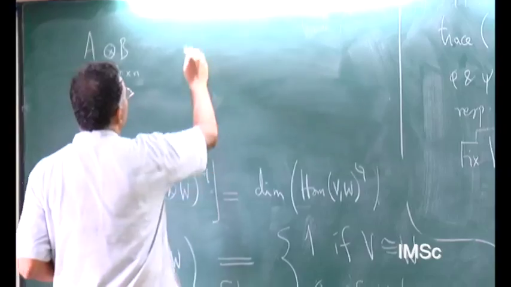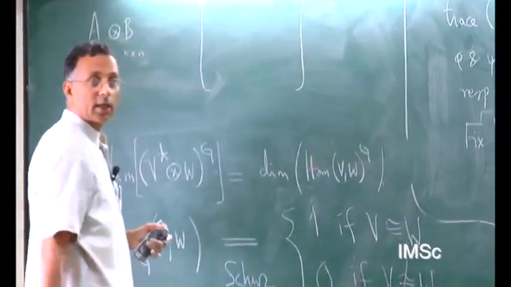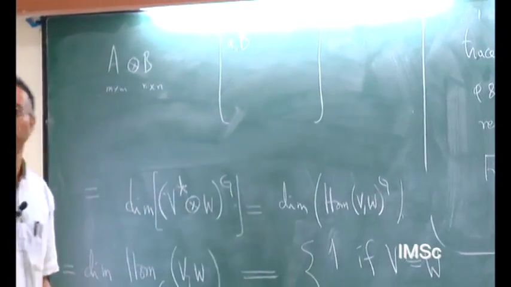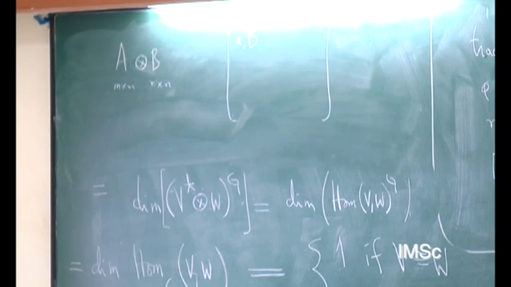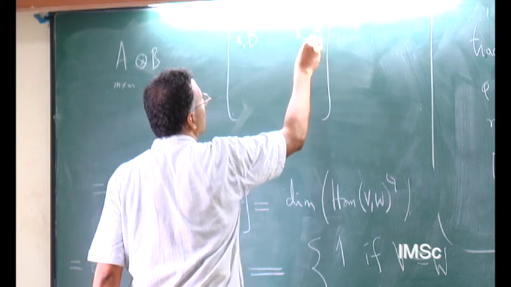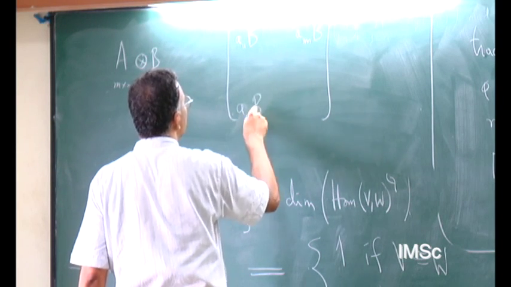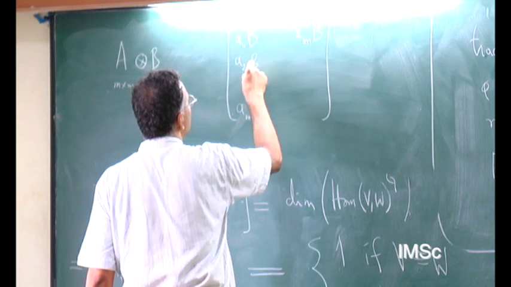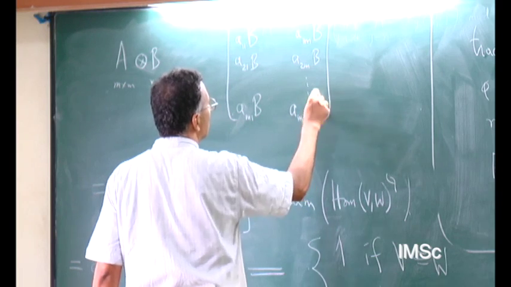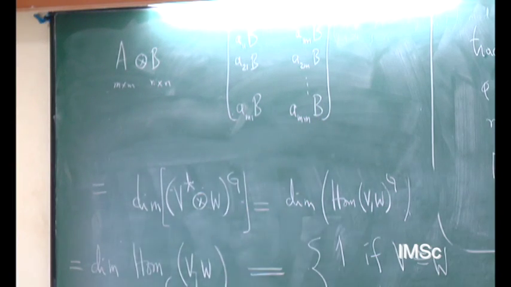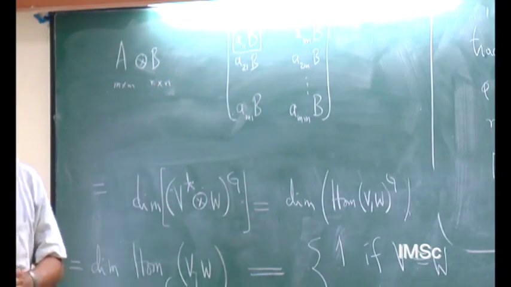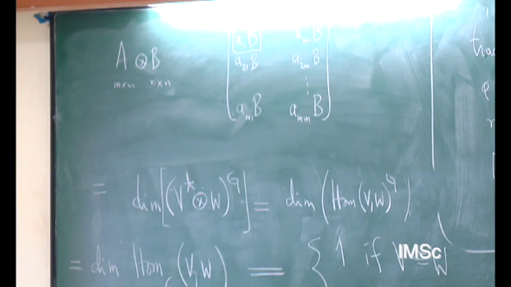They may be more general, but we are just doing this generality here. So I take A11 B, and so on, A1m B, then A21 B, A2m B, up to Amm B. Each one is an n by n block.